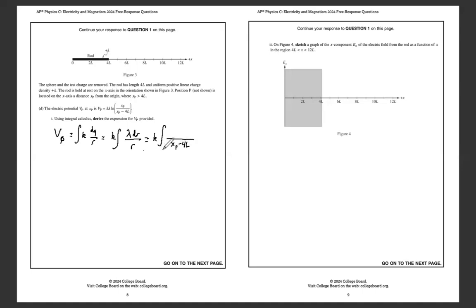Let's say, for example, that point P is located at 6L right here. Then the closest distance is going to be 2L, and the farthest distance between the rod and point P is going to be 6L.